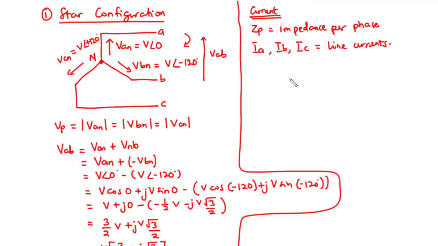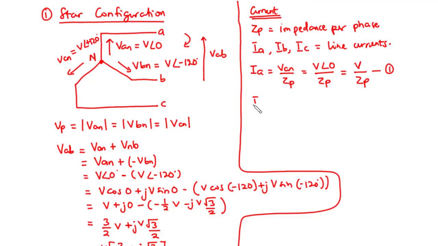Now from KVL, we have IA equals VAN divided by ZP, and then we have VAN to be V polar 0, so divided by ZP, and V polar 0 is the same as V, so we have V divided by ZP. Now let's call this equation 1.